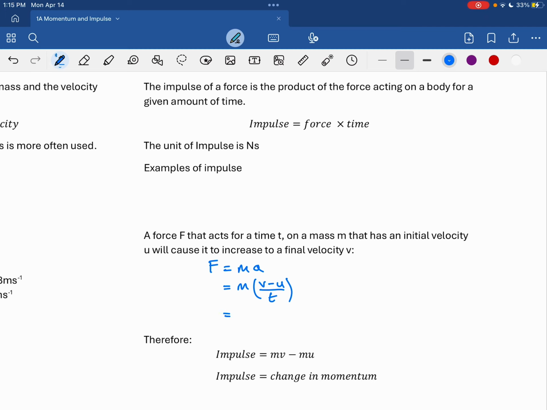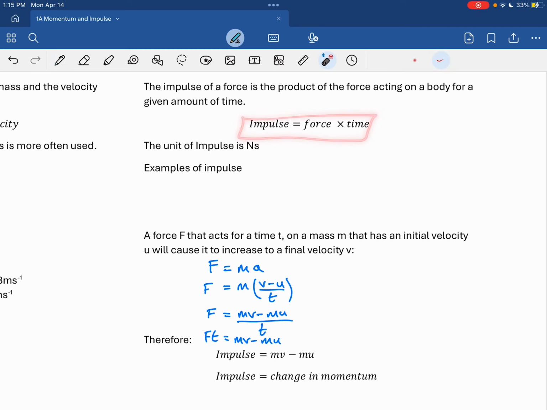And then if we just expand that out a bit, and that's still force. And if you just multiply both sides by t, you can see there that we have force times time on the left, which is what impulse is, as defined up here.